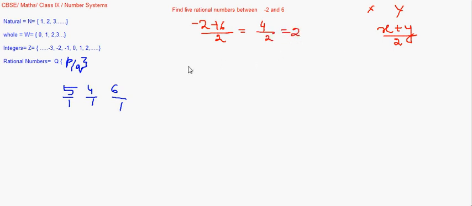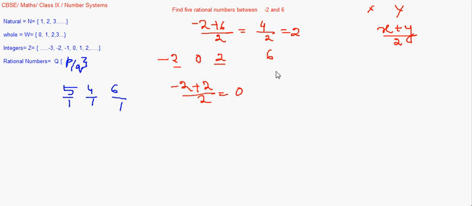Now I have got a 2 in between, and there is a 6 on the other side. I can take this 2 again to find the third rational number: -2 plus 2 by 2, so it is 0.